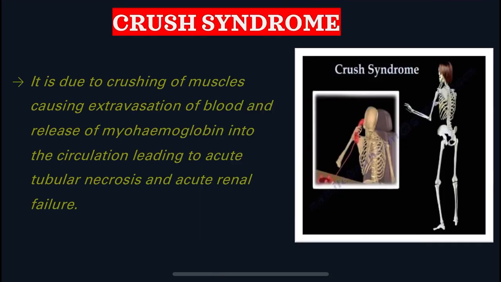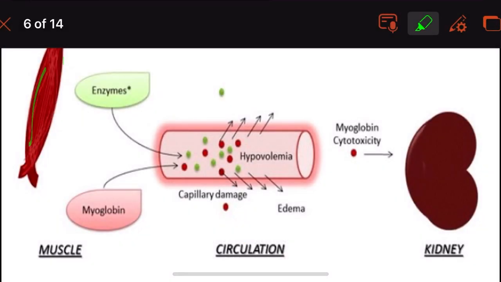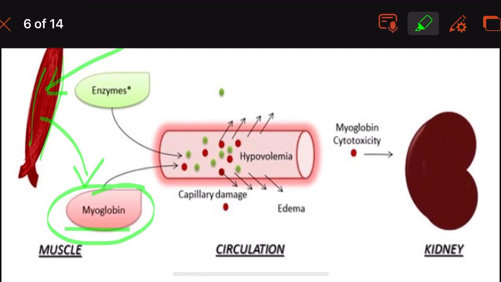Let us see how the renal failure occurs in the crush syndrome. Due to the crushing of the muscles, which is causing the extravasation of the blood and release of myoglobulin into circulation, which is leading to acute tubular necrosis and acute renal failure. So guys, you can see in the picture here, this is the muscle. A damage or the crushing of this muscle will result in the release of a toxic protein called myoglobulin.